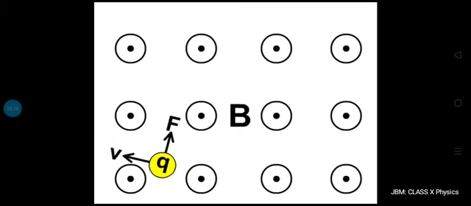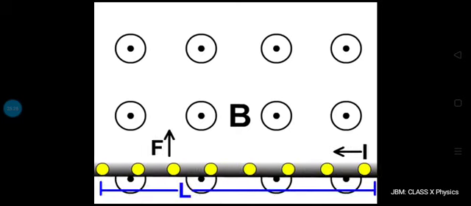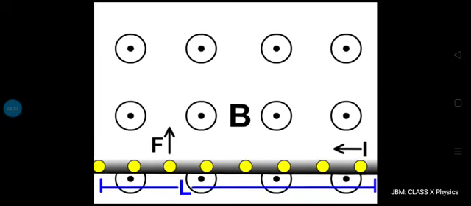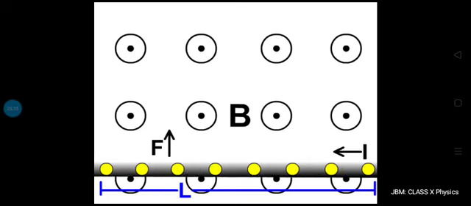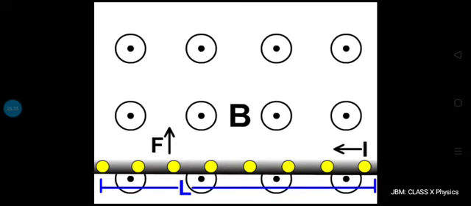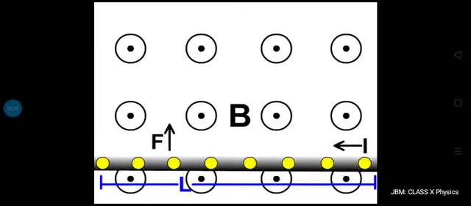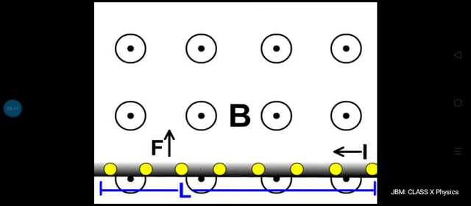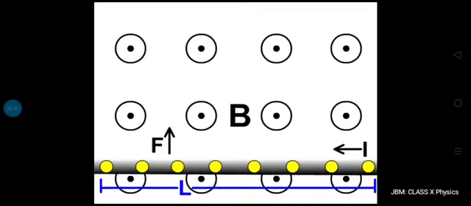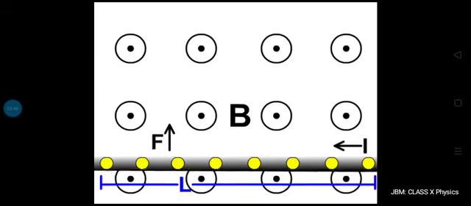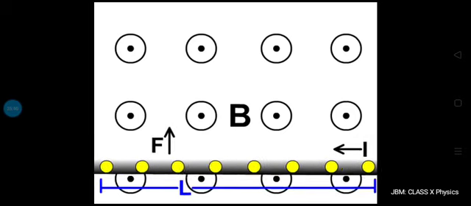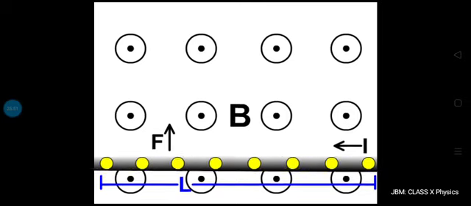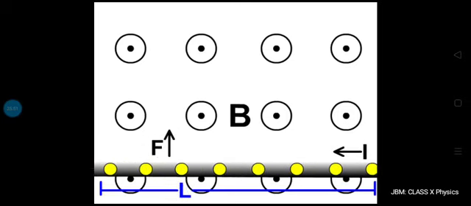Now obviously, if it is experiencing a force, then if we consider some more charged particles, there should be some movement depending upon the direction in which force is acting. So you can see there is a displacement taking place. I is showing the direction of current, L is the length of the conductor, B is showing the magnetic field. So you can see the direction of force, how the conductor is getting displaced.